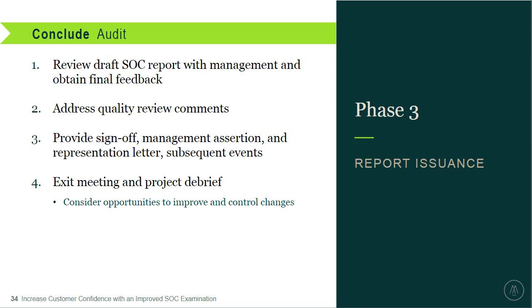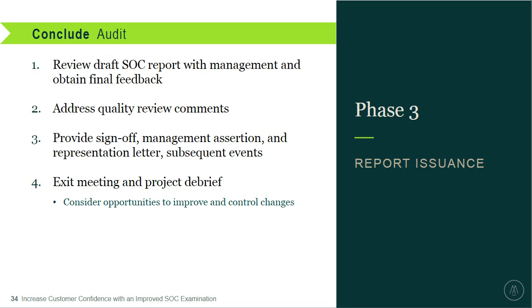These are things that have happened since the end of the reporting period and the time the report is actually issued. So it's that time after the end of the reporting period, to issuance of the report. If something has occurred during that time frame that would influence or change the service auditor's opinion, then this is where management's asserting that nothing has occurred.